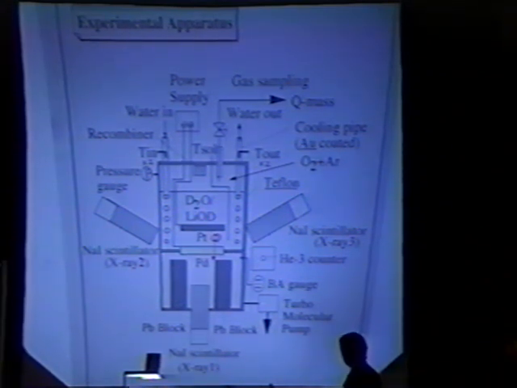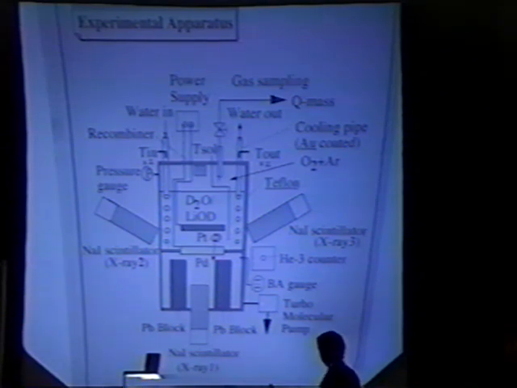Deuterium atoms are loaded from the electrolyte side of the palladium to the vacuum side of the palladium, and the atoms are pumped out by this molecular pump. Excess heat evaluation is performed by the flow calorimetry method. We have 3 NaI detectors and 1 helium-3 detector.